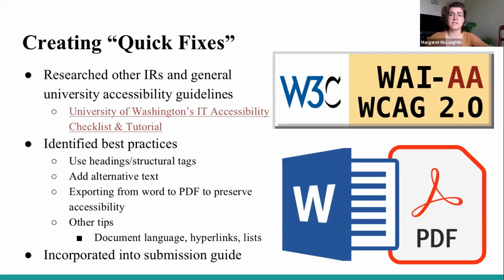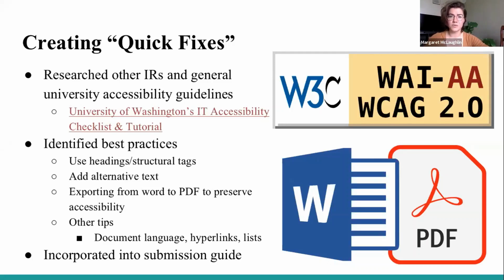So starting this process and identifying exactly how to incorporate these new guidelines, I began some research to create these quick fixes. And it started similar to how we started checking our IR's accessibility overall, by looking at our peer institutions. So I researched IRs and other general university accessibility guidelines to see what other policies were in place and what our peer institutions were doing in terms of accessibility guidelines and standards.